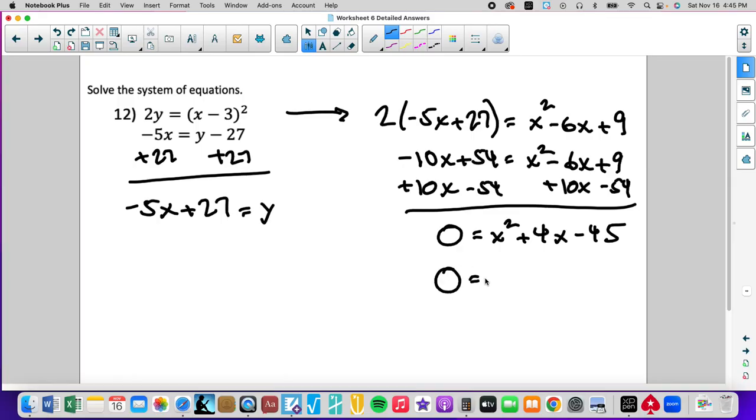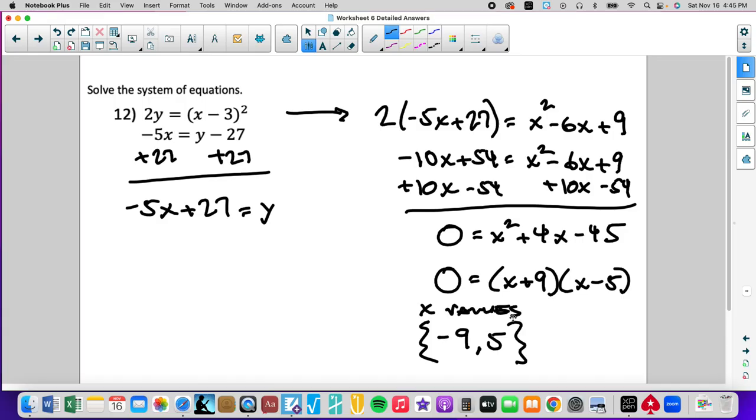So this is going to become x plus 9, x minus 5. And we're going to use the zero property. What value would make this 0? Negative 9. What value would make this 0? 5. And those are my two x values. At least I use solution set.